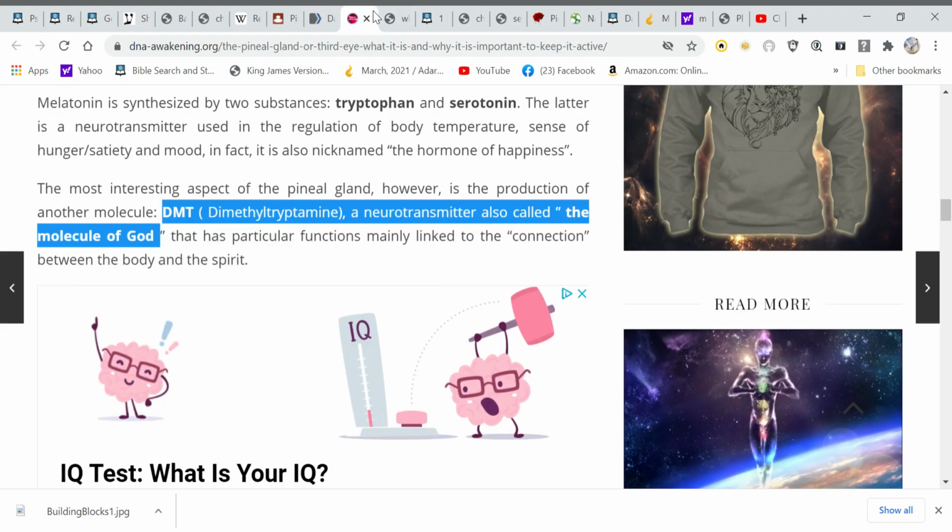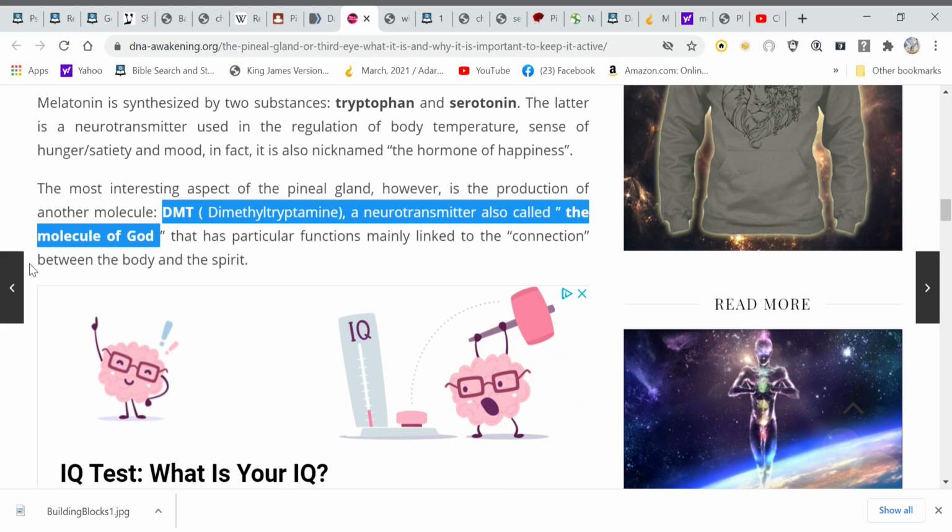All right, and so then I wanted to pop on here for a second on this article, because as we mentioned in the other video, we just touched lightly on this DMT. Now this is a transmitter, and you can see here what kind, and it's also called the molecule of God.